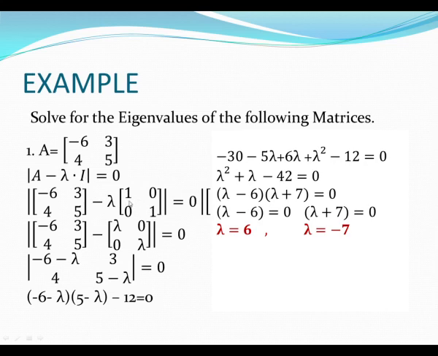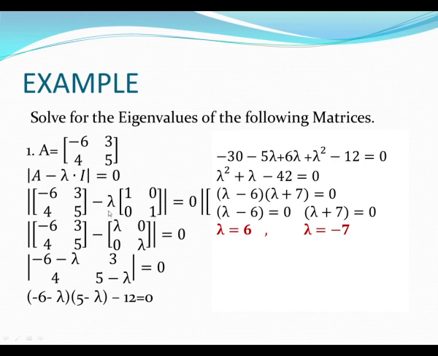Now we all know that the identity matrix is a square matrix whose elements in the main principal diagonal are 1 and the others are 0. Since the eigenvalue lambda is a scalar, we can multiply the scalar to each element of the identity matrix.